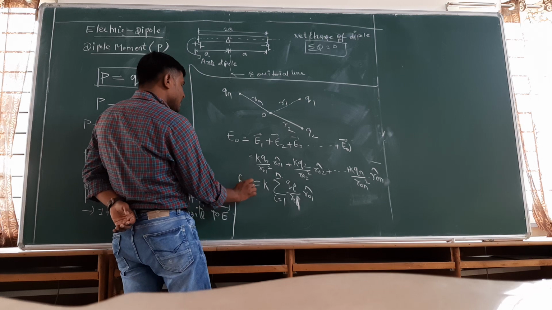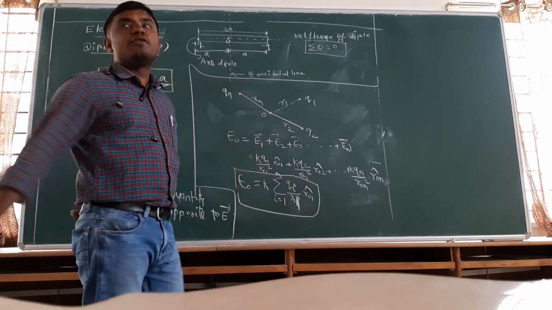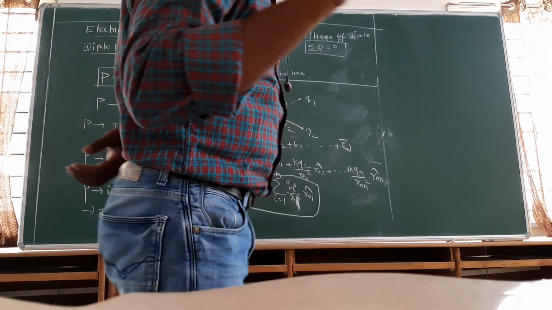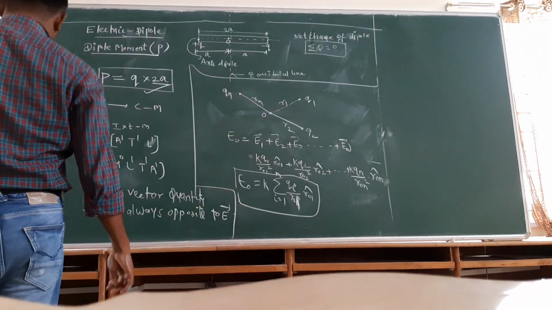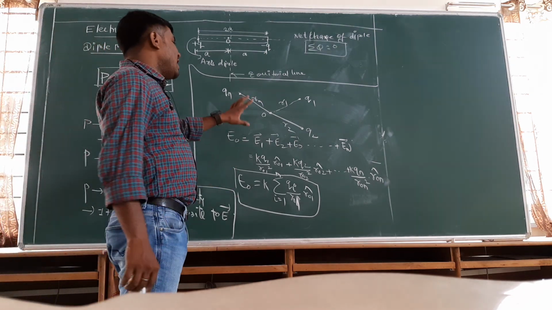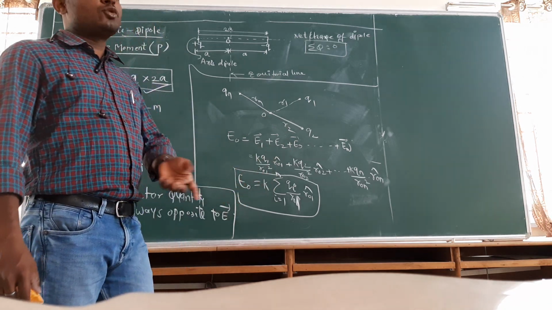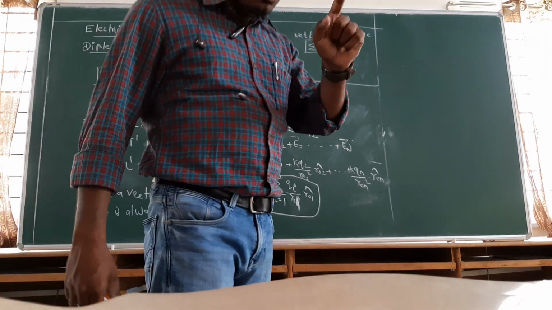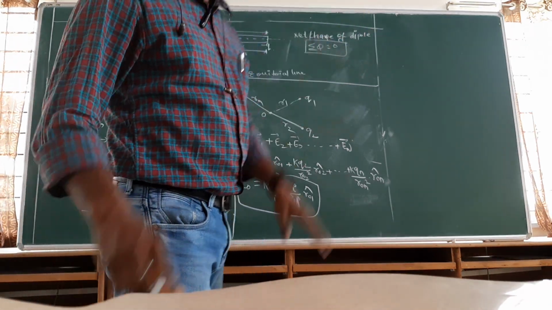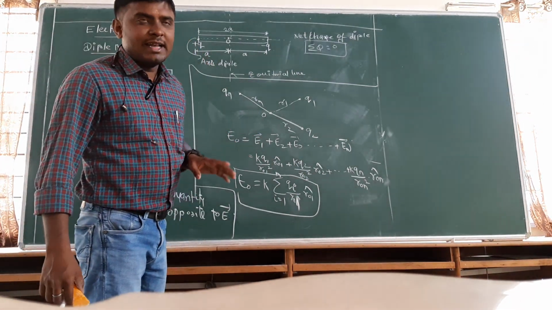So this is the net electric field at any point due to a system of charges, meaning n number of charges. If we have n number of charges and need to find the electric field there, we will find it by vector sum. And to find the vector sum we have a law called the parallelogram law. By the help of the parallelogram law we can find the electric field.